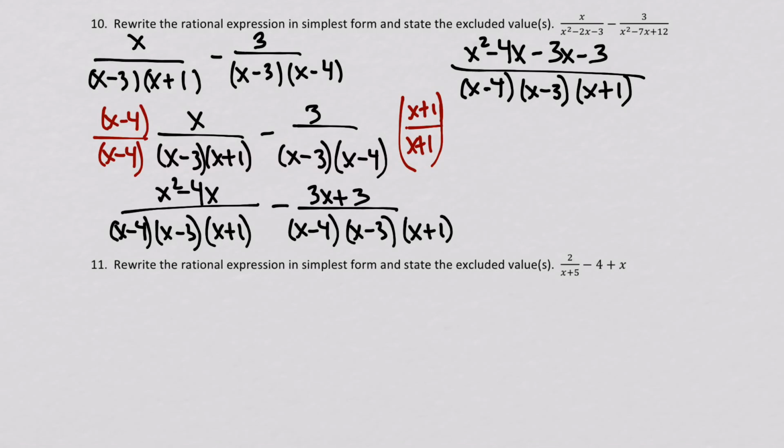You're going to have x squared minus 7x minus 3 all over x minus 4 times x minus 3 times x plus 1. And finally, the last thing you should attempt to do is to factor this to see if anything can cancel with the denominator. X squared minus 7x minus 3, I don't see anything that can be factored.